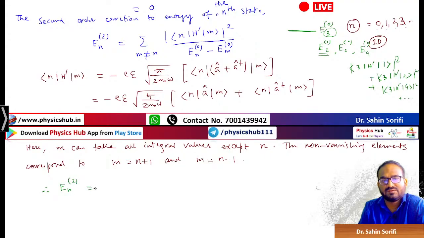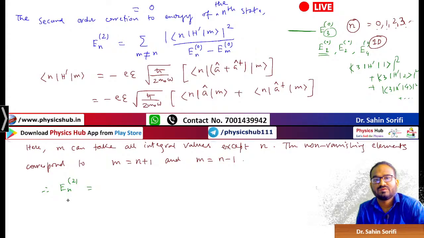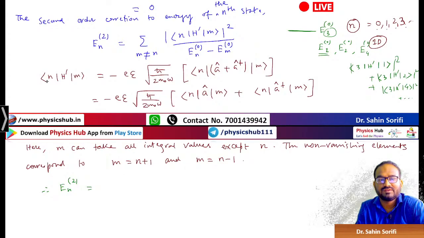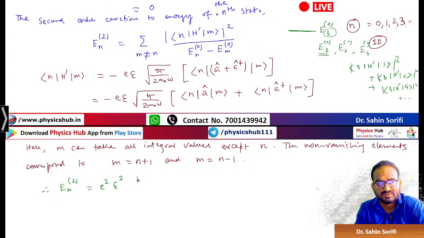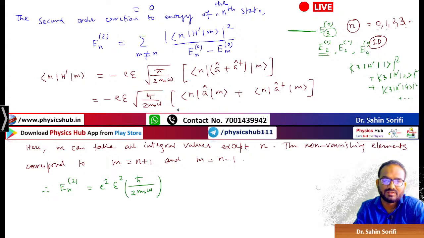So what will be the value of En2? As you can see, only for m equals n plus 1 and n minus 1 is this non-zero, otherwise it is 0. So En2 will be equal to, look, this is mod square of this thing, so this becomes e squared epsilon squared h cut by twice m naught omega, now square of this.